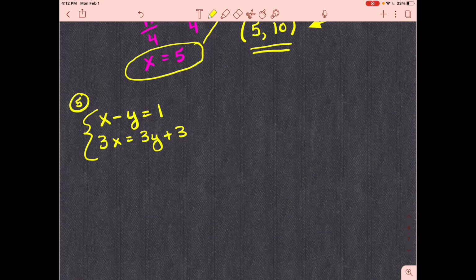Because this one has less going on, by that I mean there are not a lot of the 3's that there are in the second equation, I'm going to rearrange this one. And I could subtract x, but then I'd have minus y left on the left. So I'm going to just add y on both sides and get x equals 1 plus y, or y plus 1. That's nice and simple, right?